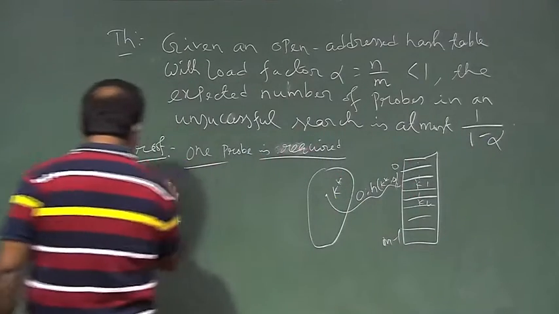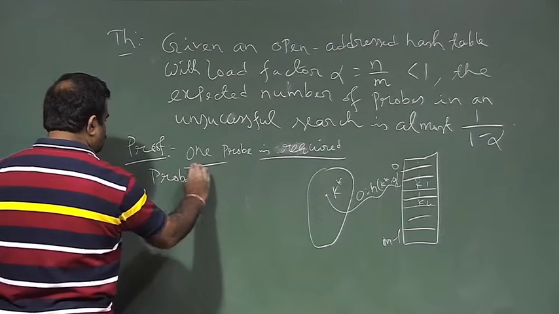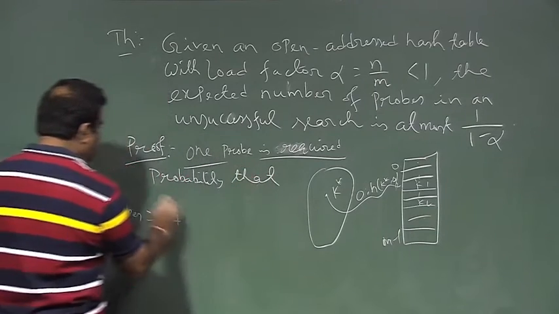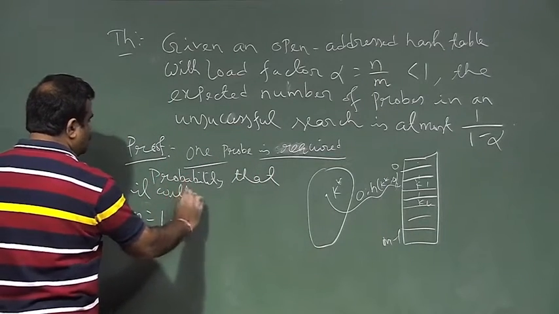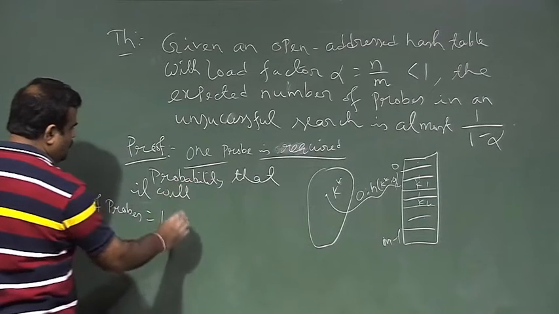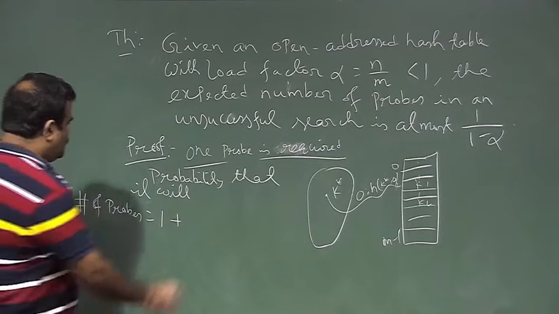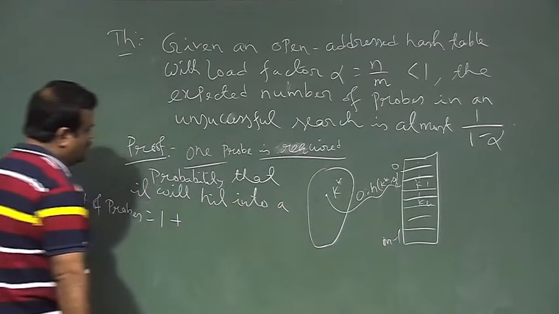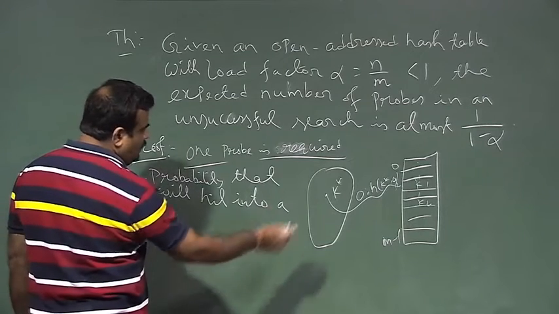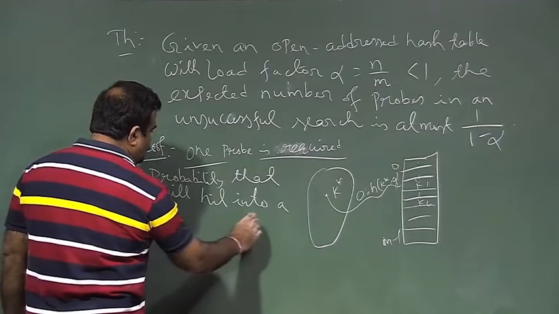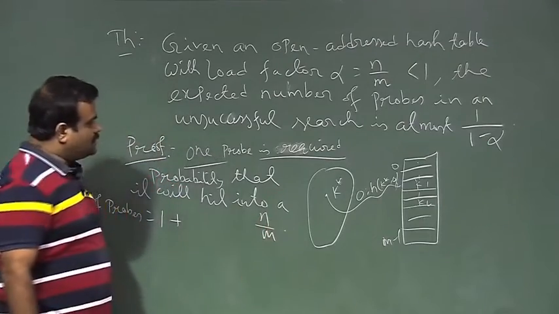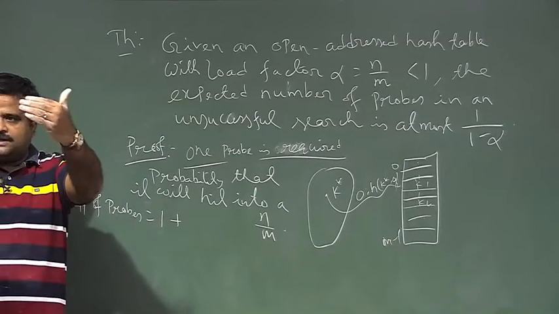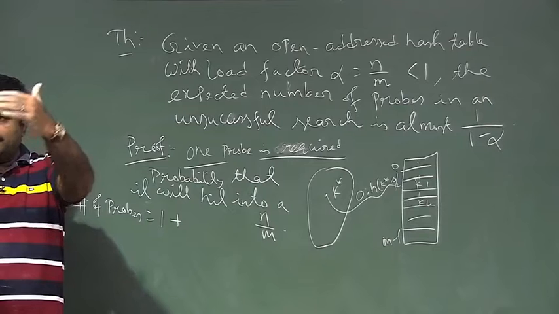So, the probability that it will hit an occupied slot is basically n by m, because there are n slots which are the favorable cases, n keys are there in those slots, and there are total m slots.